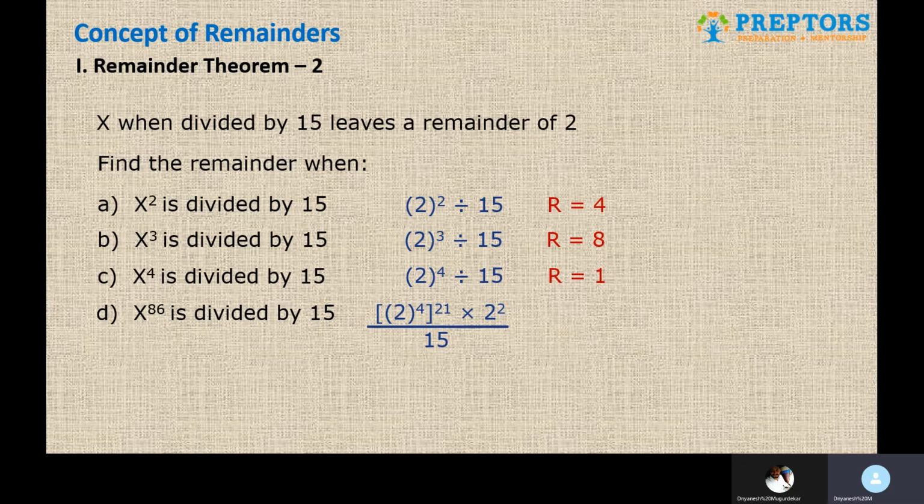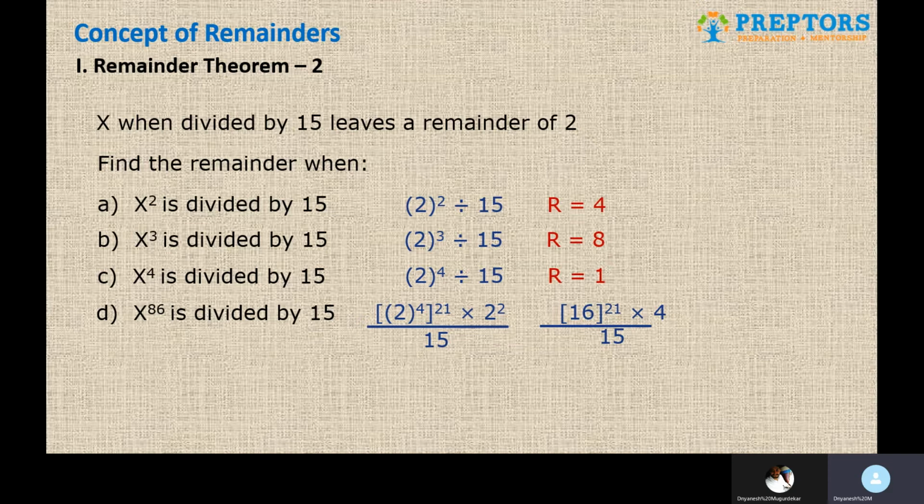So 2 raised to 86 can be further written as 2 raised to 4 the whole raised to 21, into 2 raised to 2, because then it becomes 2 raised to 84 into 2 raised to 2. These are the laws of indices from the topic surds and indices. The whole thing is divided by 15. Now, when we start dividing, obviously 2 raised to 4 is 16. 16 when divided by 15 gives us remainder plus 1. And on the right side is 2 raised to 2, which is 4, divided by 15 will give us the remainder 4 only.